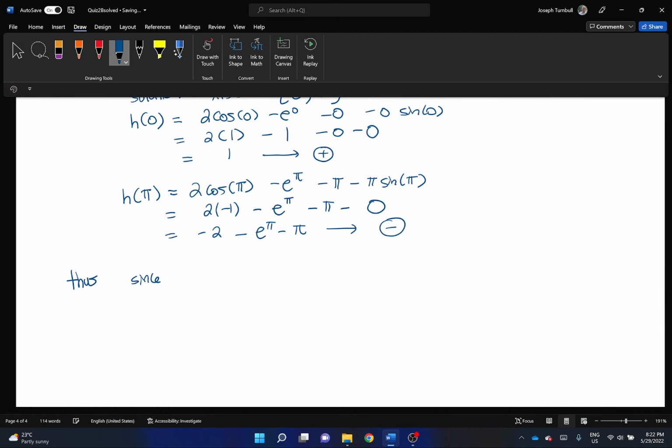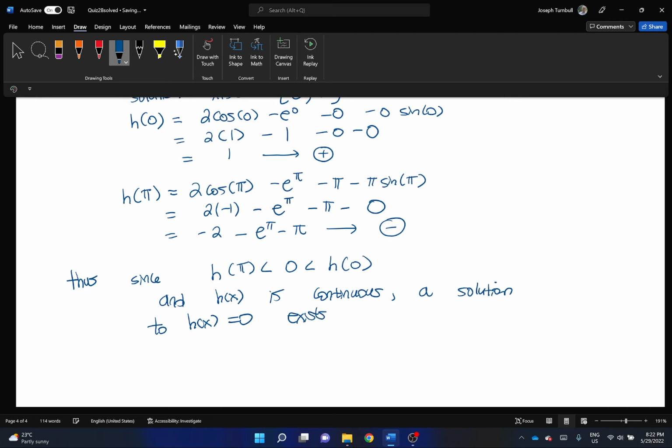And now, thus, since h of pi is less than 0, is less than h of 0, and h of x is continuous between 0 and pi, but it's actually continuous for all x, a solution to h of x equals 0 exists inside the interval from 0 to pi.